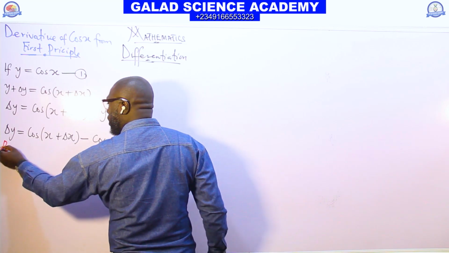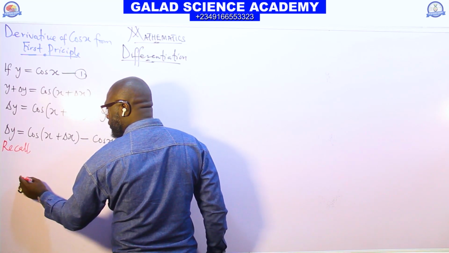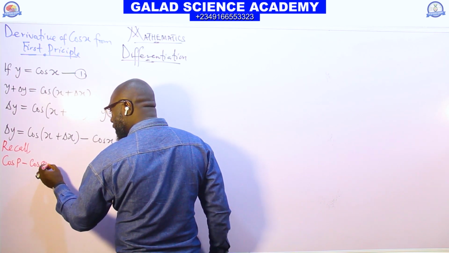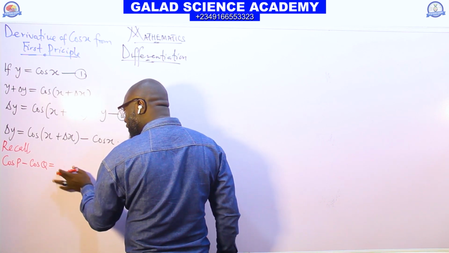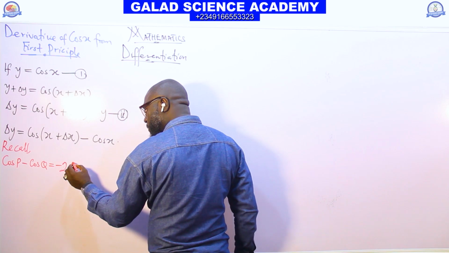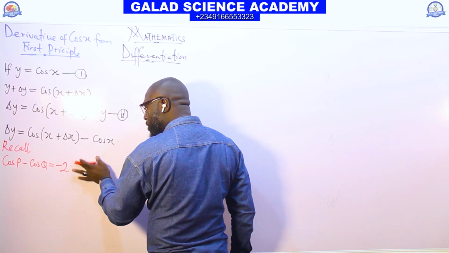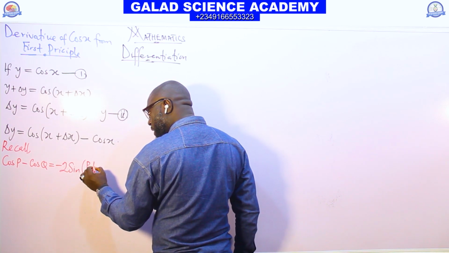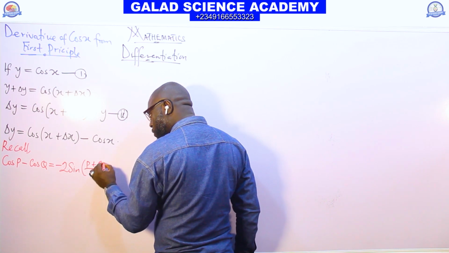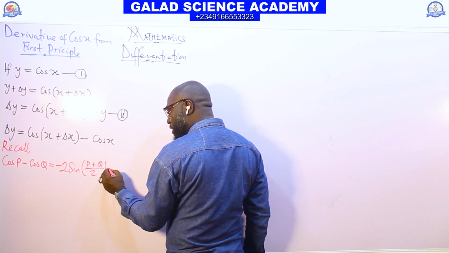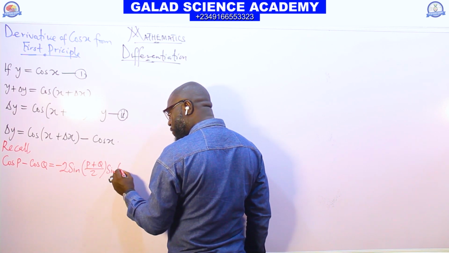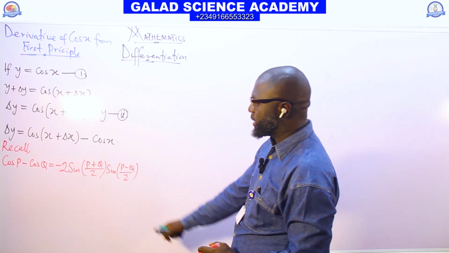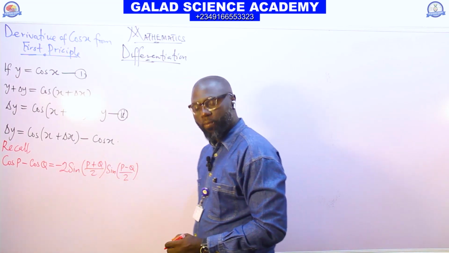At this junction, we need to introduce the product rule. Recall from the product formula: if you have cos P minus cos Q, it will give us minus 2 sine of (P plus Q) over 2, times sine of (P minus Q) over 2.